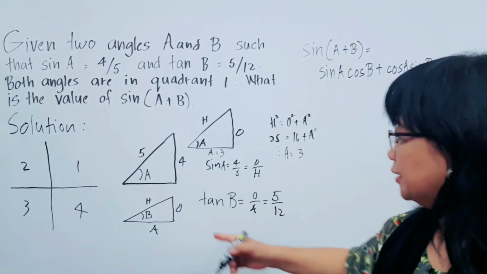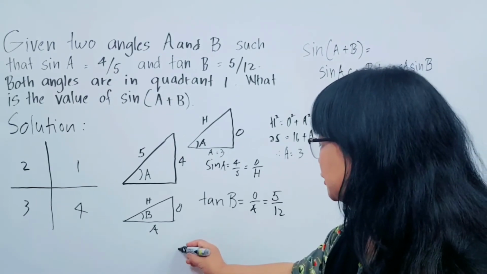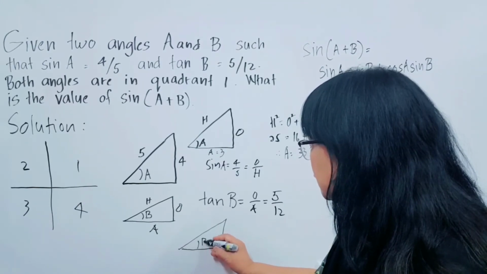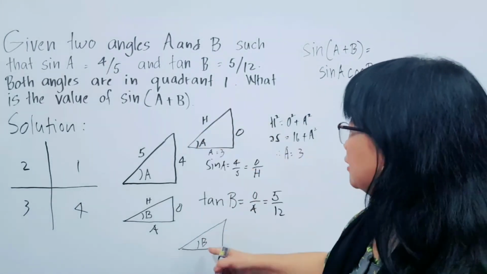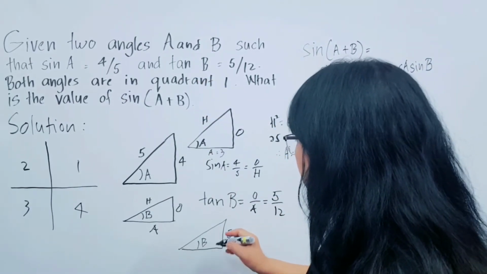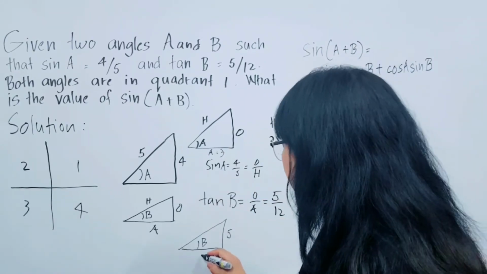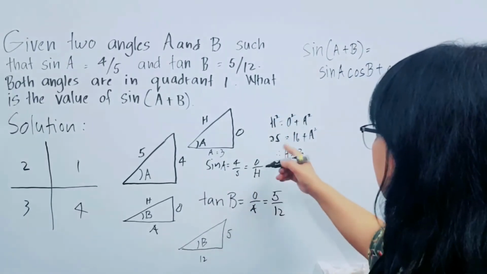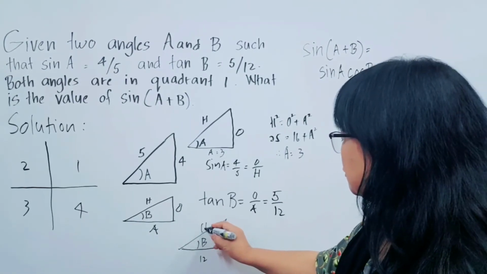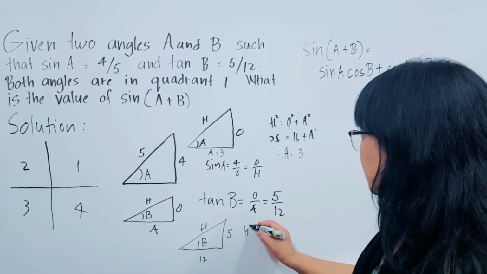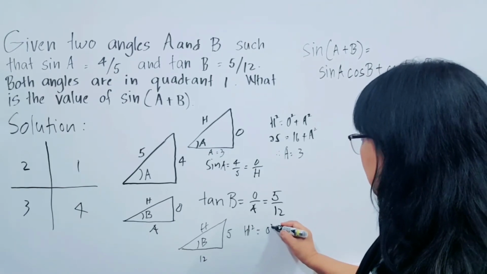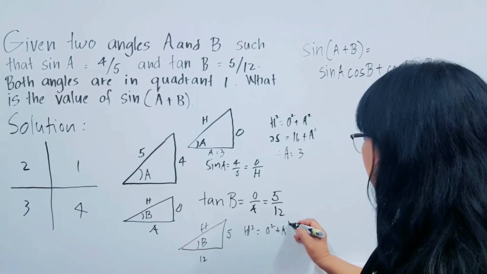Now, the other side, the tangent. If this is tangent of angle B, it is given to be 5 over 12, because it is the opposite over the adjacent. Now, using the same formula, the hypotenuse squared is equal to the opposite squared plus the adjacent squared.